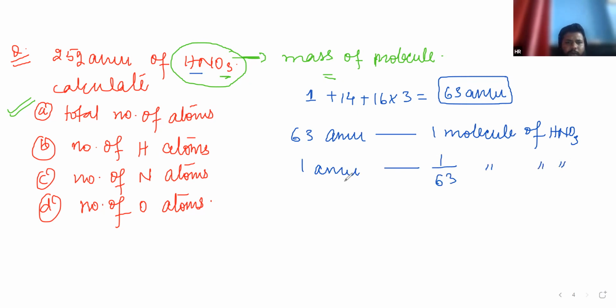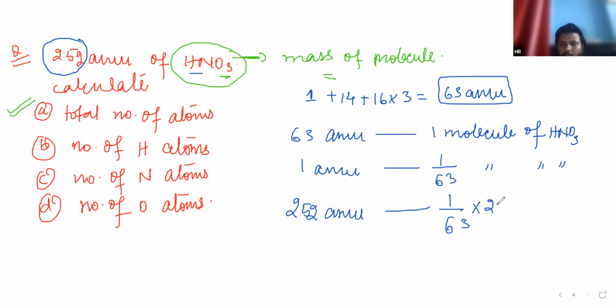We are just doing unitary math. According to the question, we have to calculate for 252 AMU. So 1 upon 63 into 252 molecules of HNO3 is present. Now just calculate it. It will be cancelled by 4 and we will get 4 molecules of HNO3.